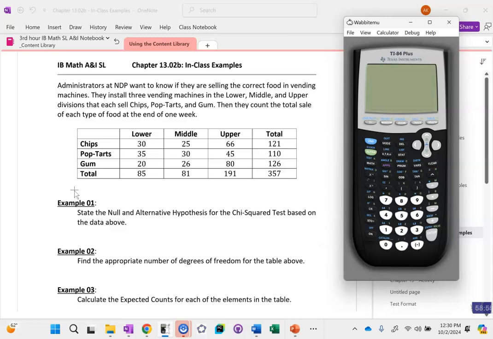Nate, give it a go. The null is the one where they're independent of each other.